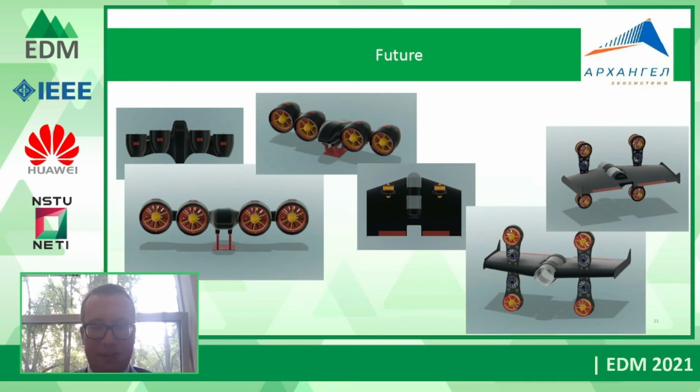In the center, it's a box with accumulators, and it has 4 impellers. With 5 kilograms of accumulators, we could fly more than 15 kilometers, starting from a plane or helicopter or from the building.